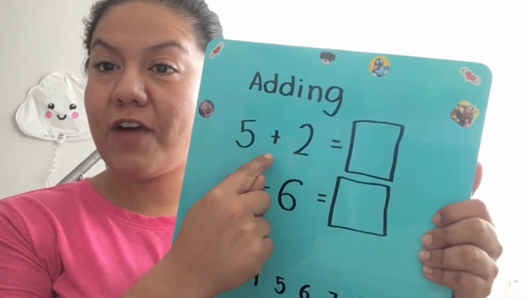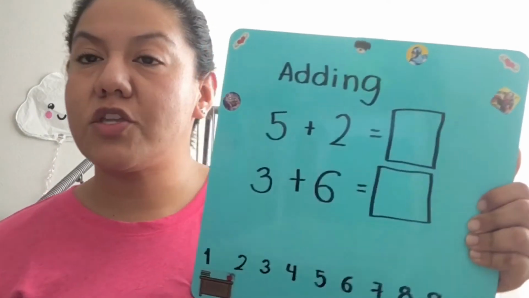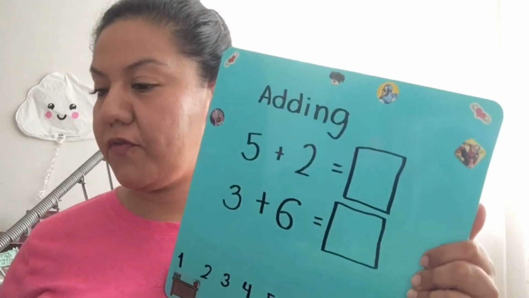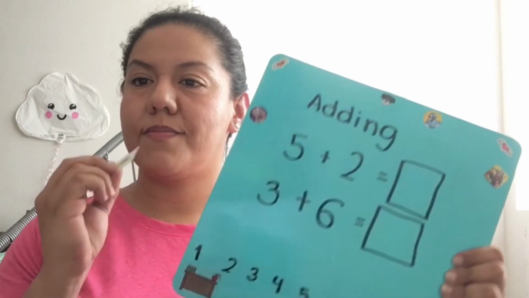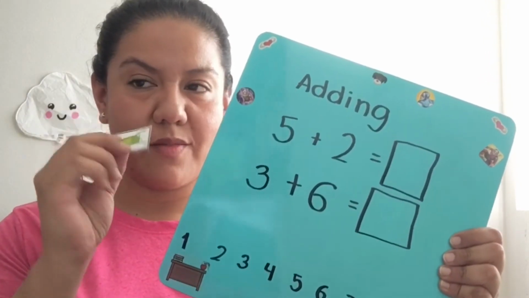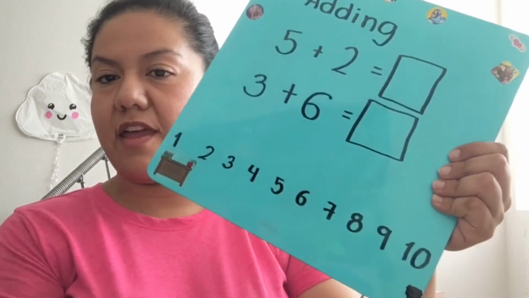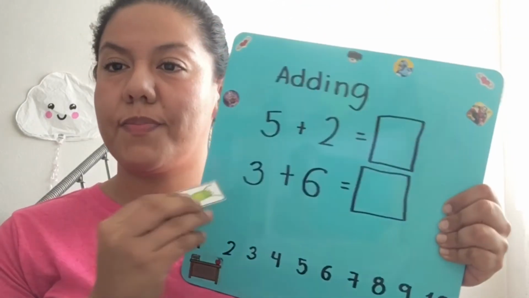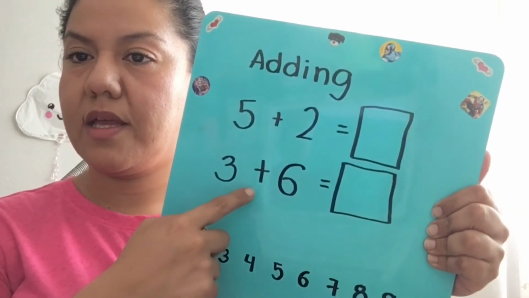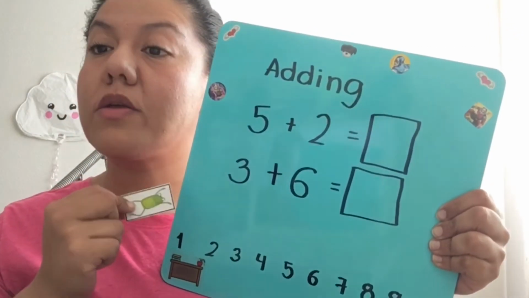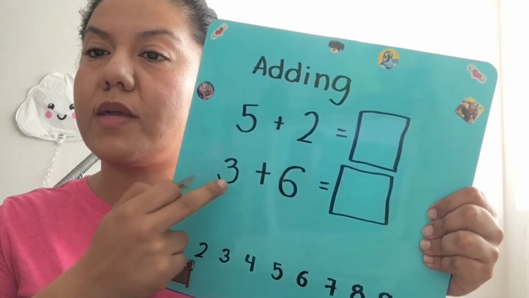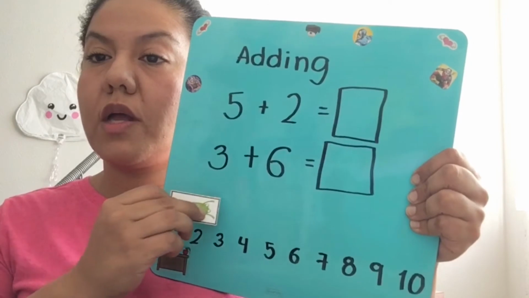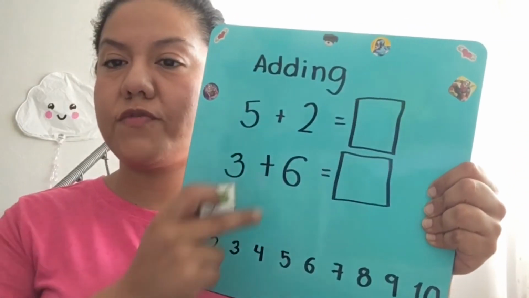Remember, when we find this, you have to add, okay? And we can solve the operation in different ways. One is with the help of the frog and the numbers, okay? If we're going to solve this one first, here, 3 plus 6. We'll take the frog to the number 3 because it says 3, and we have to make a jump of 6 numbers, okay?